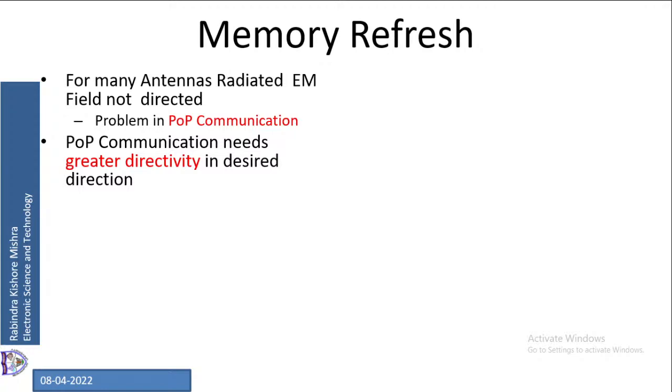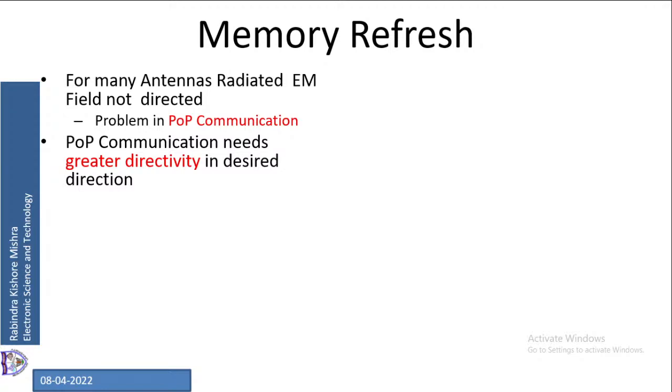It can be in any arbitrary direction. If it is in any arbitrary direction, then there is a problem in point-to-point communication. Point-to-point communication is called PTP communication. So problems will be in PTP communication because the radiation is not directed.